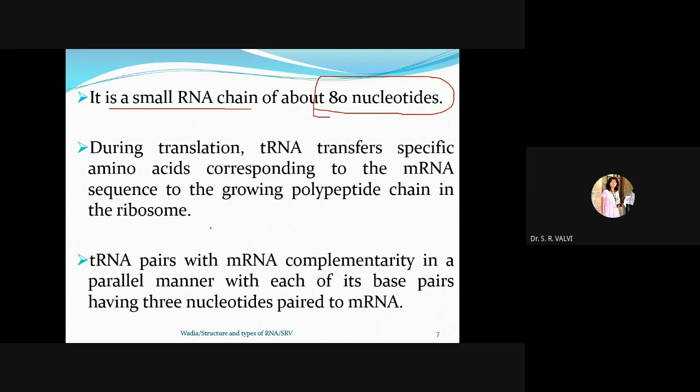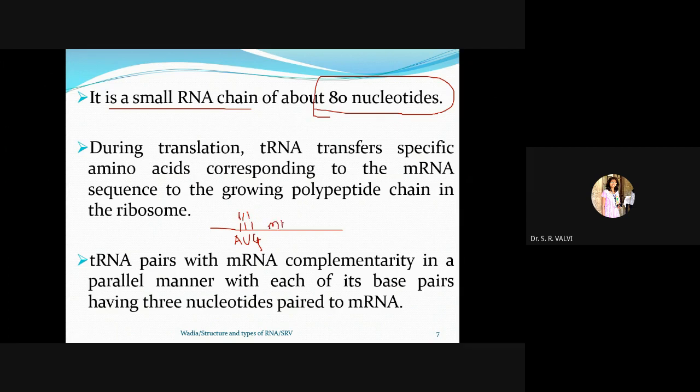Suppose here on the mRNA this particular AUG is there. According to this codon, it carries the specific amino acid, so that the anticodon of the tRNA is going to join with this codon of mRNA.